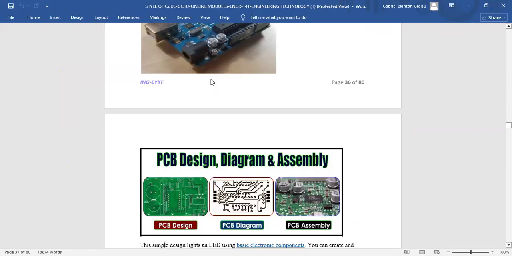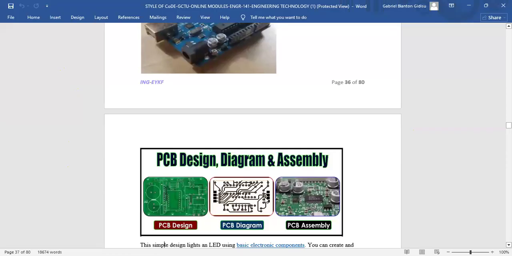So PCB design. This is a PCB design. This is a PCB diagram. And then this is a PCB assembly. The assembly is when you mount the actual components.